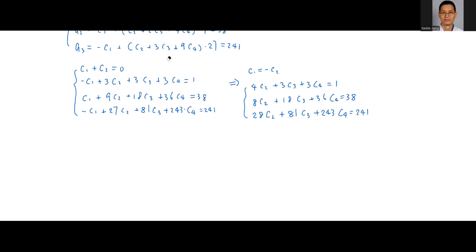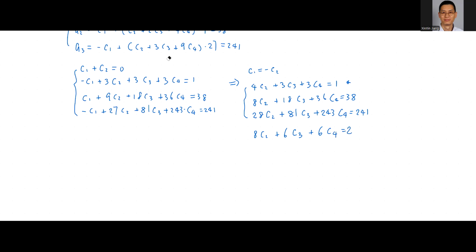Now, I'm going to use the first one, okay? Multiply by 2, you get 8C2. Multiply by 7, you get 28C2. So let's do that. We're going to get rid of C2 using the method of elimination. So I have 8C2 multiplied by 2, 6C3 plus 6C4 equals 2.